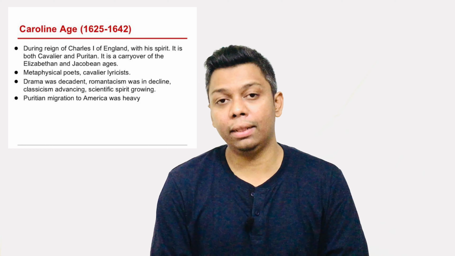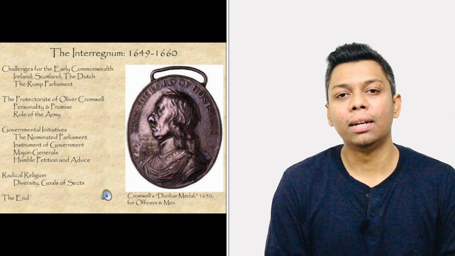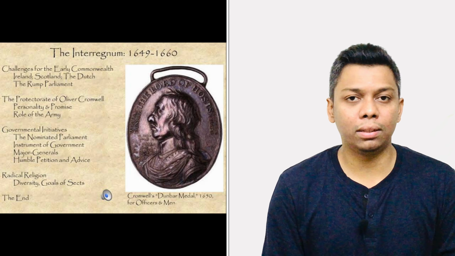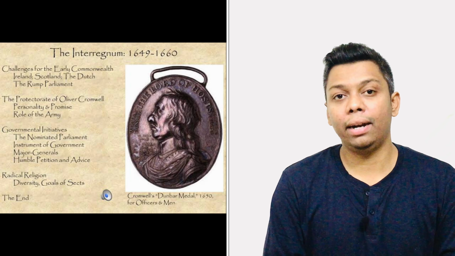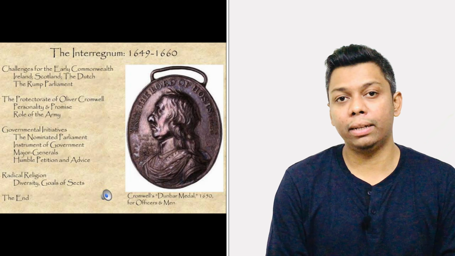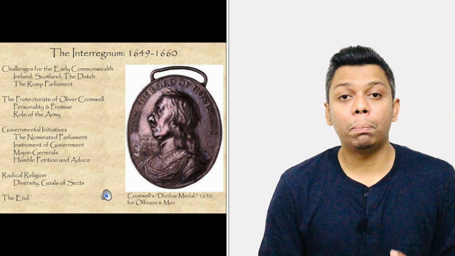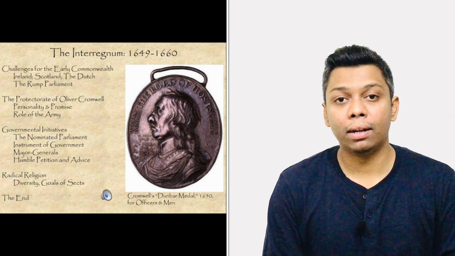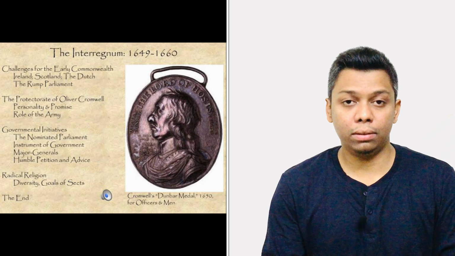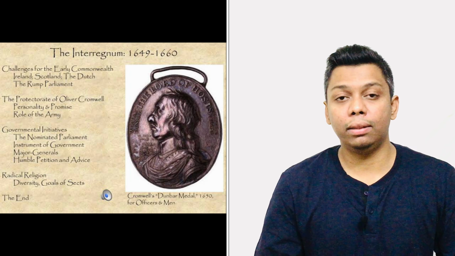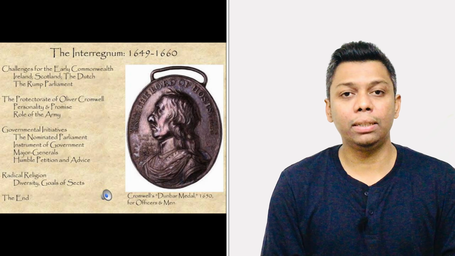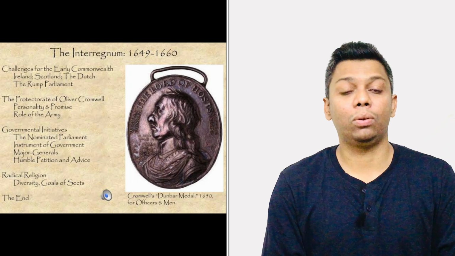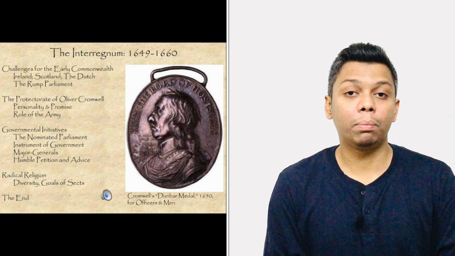In this period, that is 1649 to 1660, Charles I is beheaded, and the Rump Parliament comes to power, and they make a constitution wherein they focus upon the common people, and those common people are going to rule England for the upcoming years.